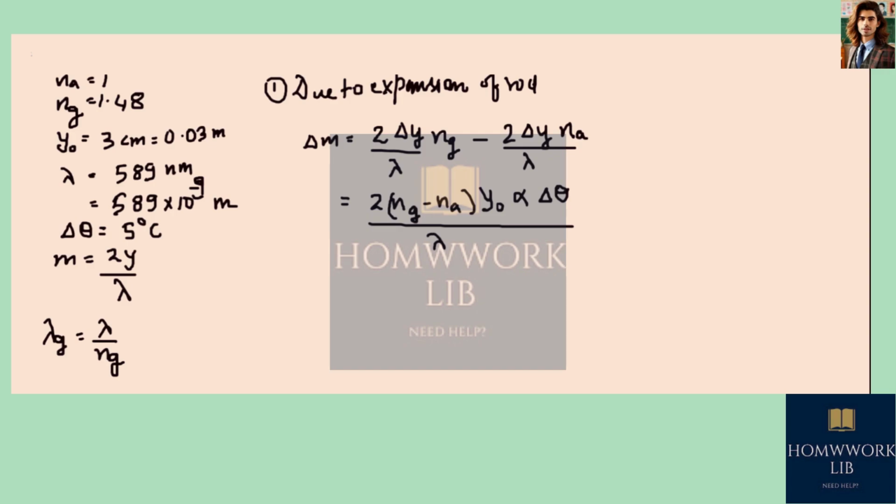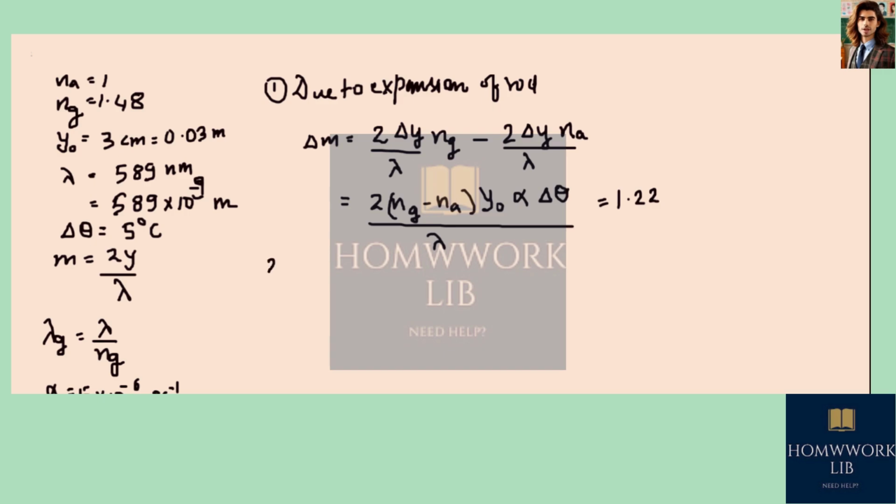We know y naught equals 0.03. Alpha is given in the question, equal to 5 into 10 to the power minus 6 per degree Celsius. And we know del theta, we know lambda. Just plug in all the values. So this gives me del m equals 1.22.